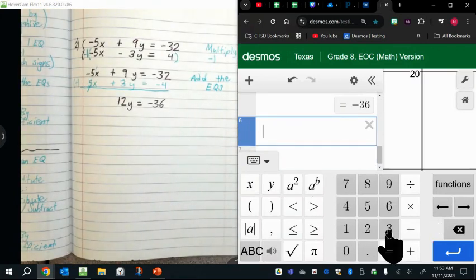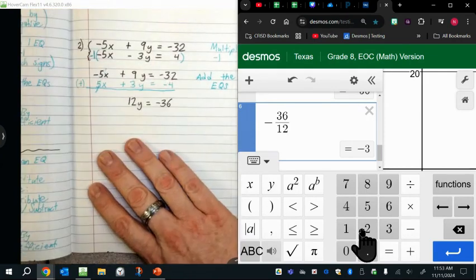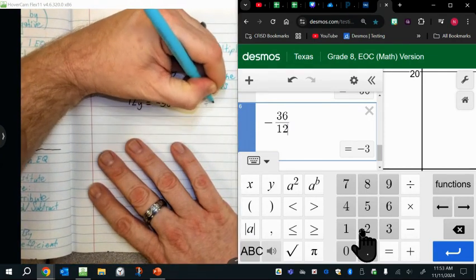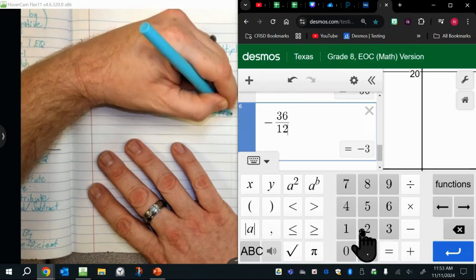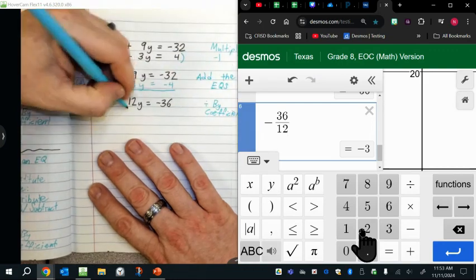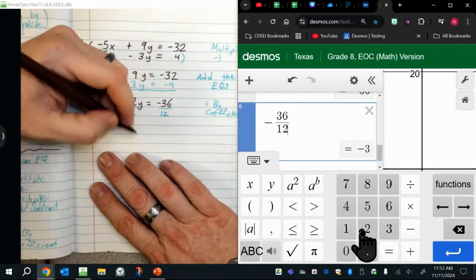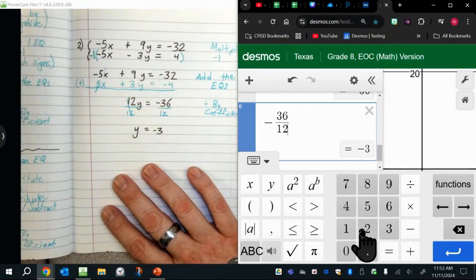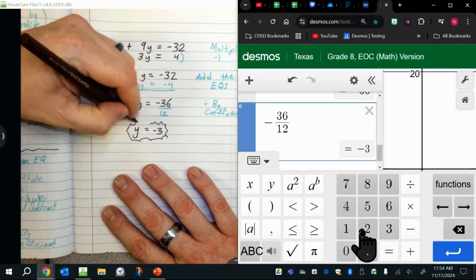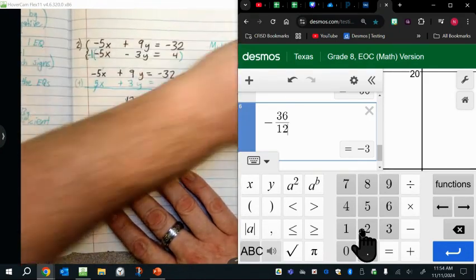And then we're going to take -36 and divide it by our 12, which is our coefficient. And now I have y is equal to -3. Okay, so this time we solved for y first. Cool. Doesn't matter. So we're going to substitute in.